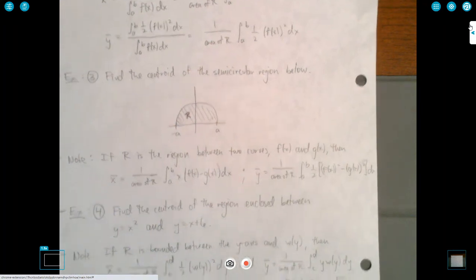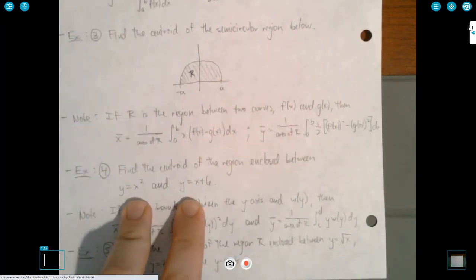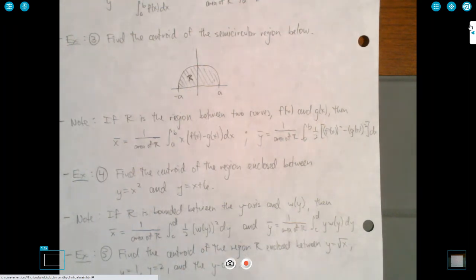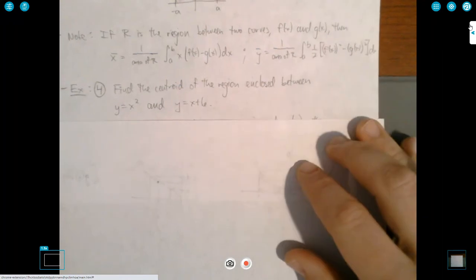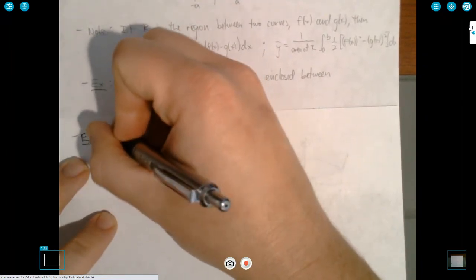Number 4 says, find the centroid of the region enclosed between y equals x squared and y equals x plus 6.